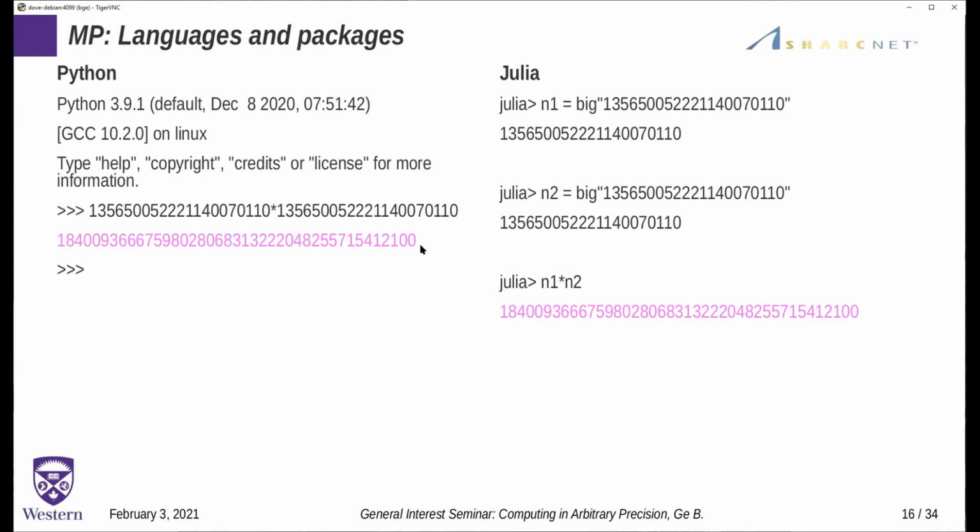It will give you the answer, and you can check the answer by using other languages, for example, Julia, or you can again use the calculator bc to check your result. And Julia, excuse me, Julia also supports arbitrary precision numbers. Now in Julia, it's not as elegant as in Python. You have to use the word big, and you use double quotes to represent a large integer.